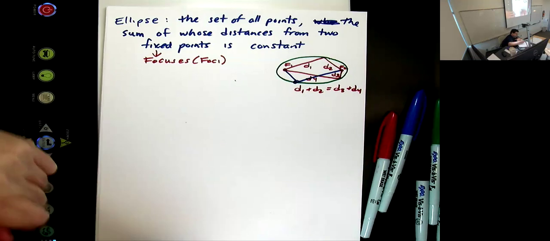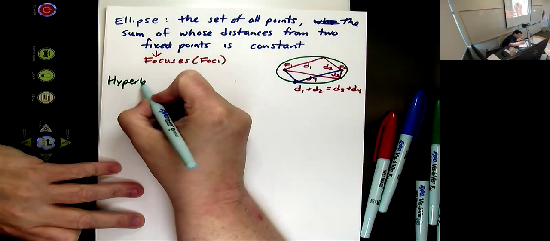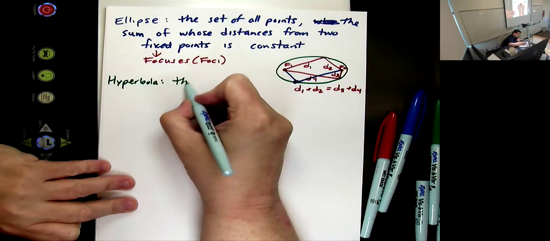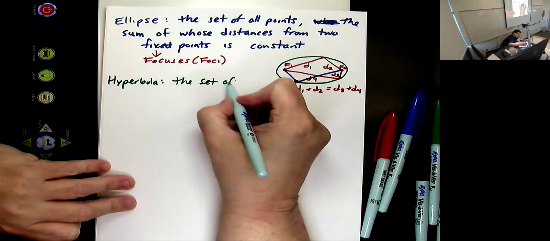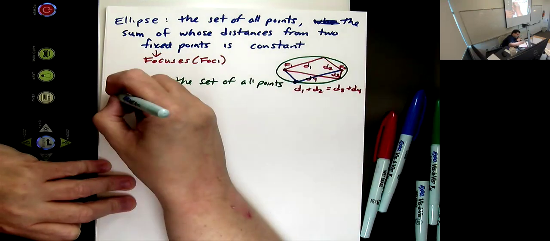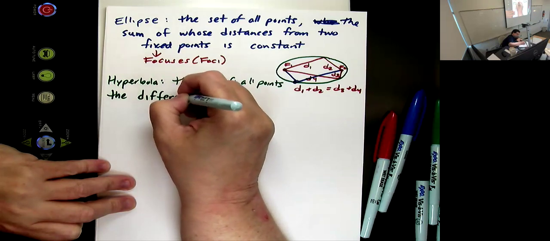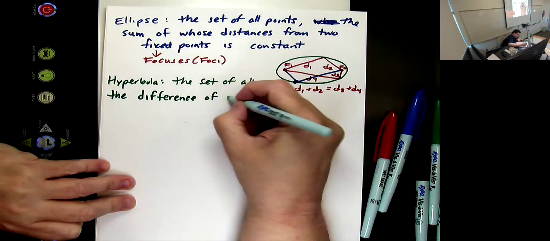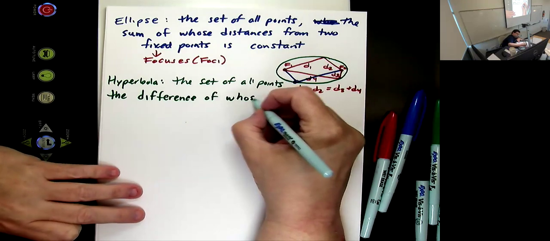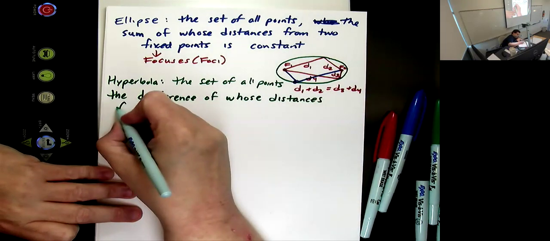A hyperbola has almost the exact same definition. The difference of whose distances from two points is constant.